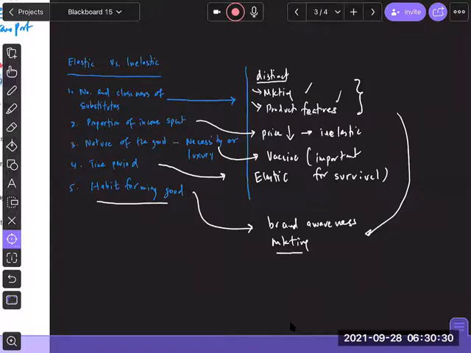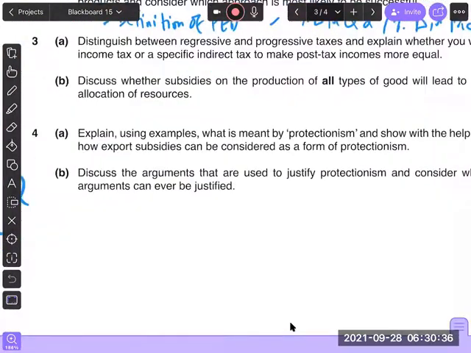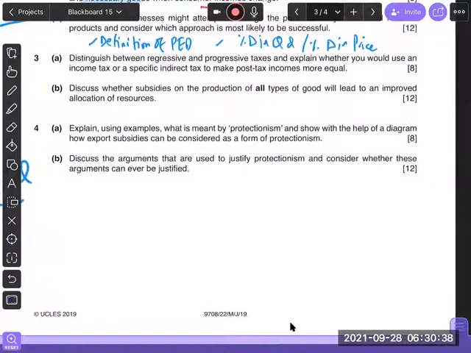Okay, now I'm going to move on to the next question. Distinguish between regressive and progressive taxes and explain whether you would use an income tax or a specific indirect tax to make post-tax incomes equal. It's a good question. So let's start with talking about progressive and regressive taxes.